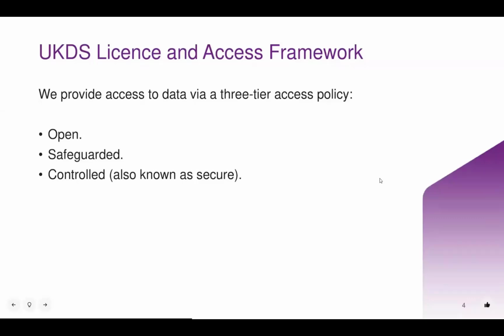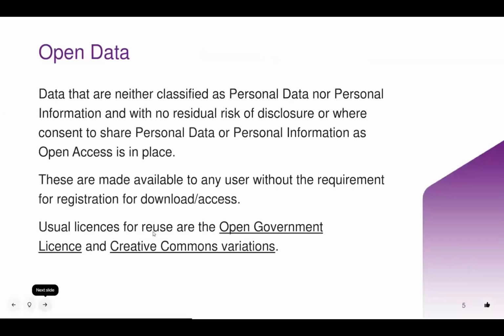Accessing our website, our catalog, you will be able to see datasets under a 3-tier access policy: open datasets, safeguarded datasets, and controlled datasets, also known as secure. We use both terms for such datasets. Moving next, I will provide you some information on each of those access levels and licenses.